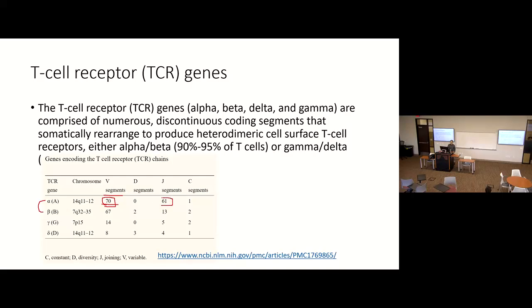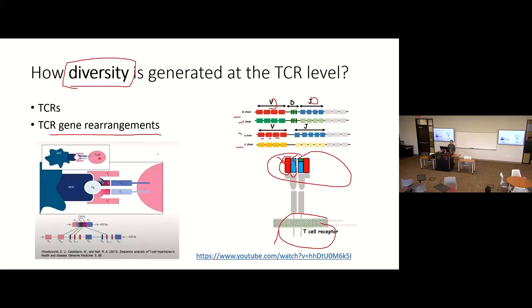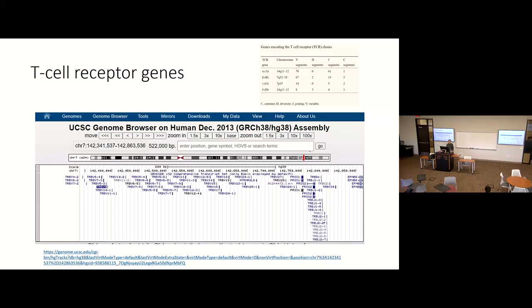Then from the J segment, there are 61 different genes encoded, so you can pick one of them. So this is a combination. Then you have a beta chain as well. There are 67 different selections and 30 different, and also you have multiple subdomains in their combinations. So this creates a huge number of possible combinations of those subunits.